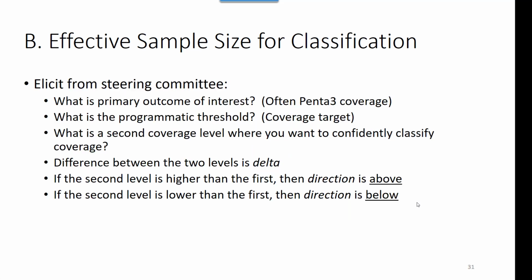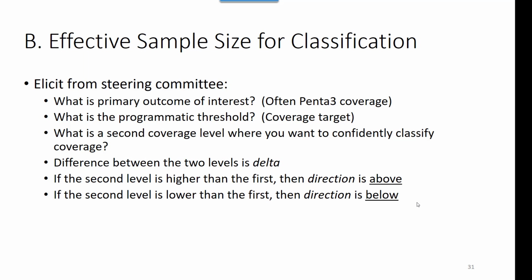Now, if the goal of the survey is classification instead of estimation, then the quantities are a little bit different. In that case, again, we ask the committee, what's the primary outcome of interest? What is the programmatic threshold? We ask them to specify a second coverage level where they want to confidently classify coverage.